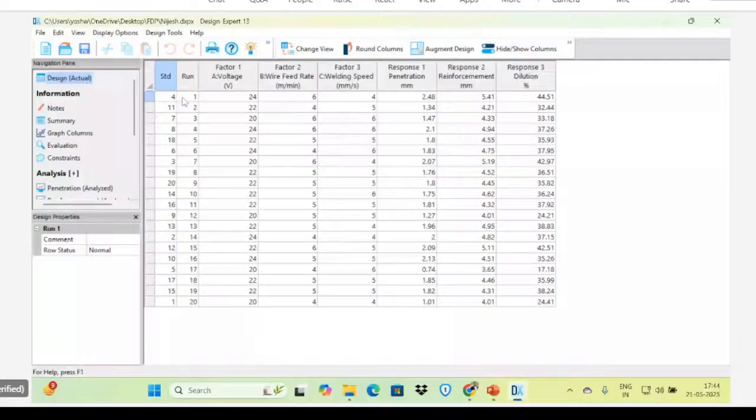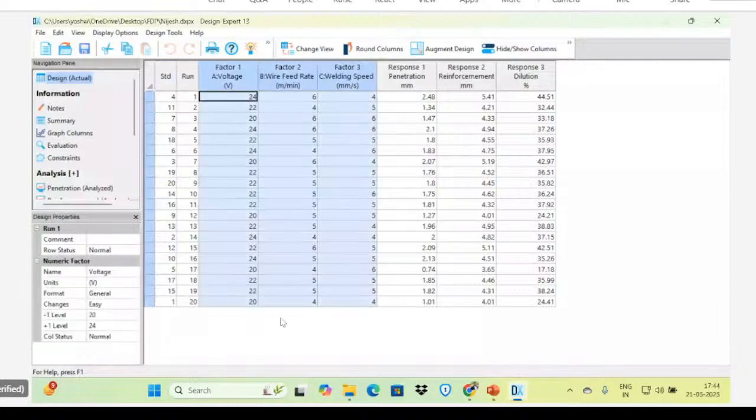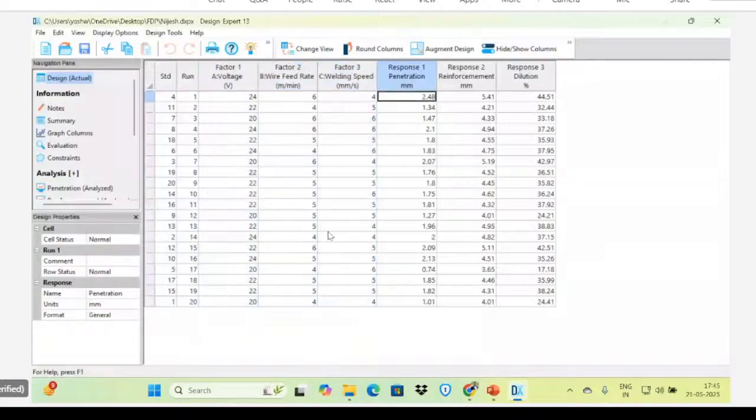He has taken around 20, 22, 24 values for voltage, and 4, 5, 6 is the wire feed rate, and welding speed he has taken 4, 5, 6 only. So with these parameters, three levels and three factors, he is getting 20 outcomes. With 20 outcomes, he has calculated penetration, reinforcement, and dilution. So three responses he has calculated, and we are finding what is the best parameter to get the desired outcomes.